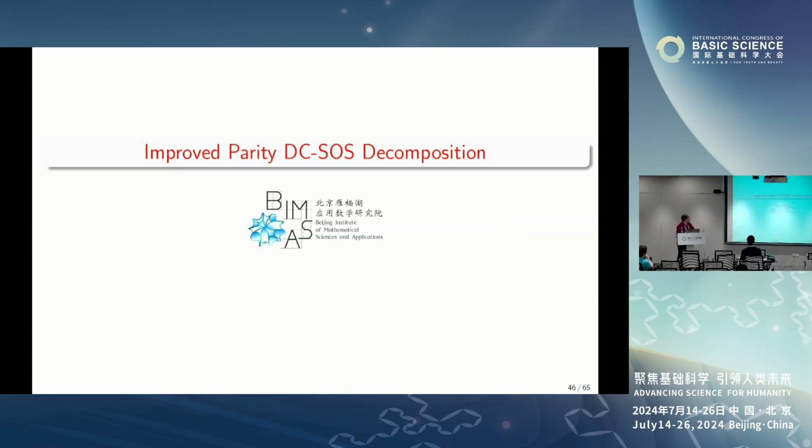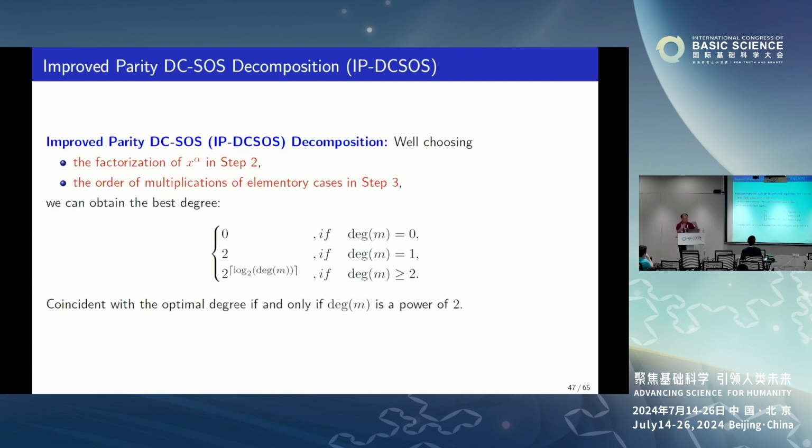So they correspond to what we call improved parity, meaning that it can get the best degree decomposition possible in this way. Here, I haven't presented the details, but you can read in our paper that we propose two procedures for factorizing x power alpha and defining the order of multiplications. Then we can get the best degree like this. You cannot get better than this one.